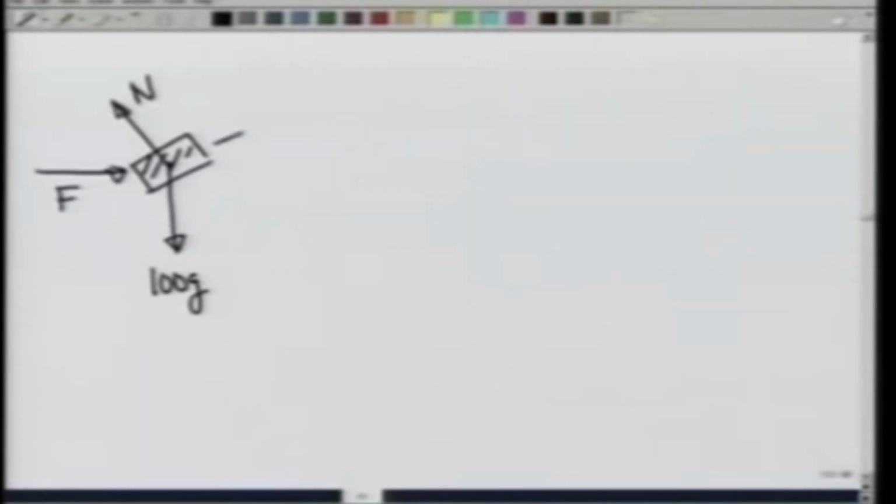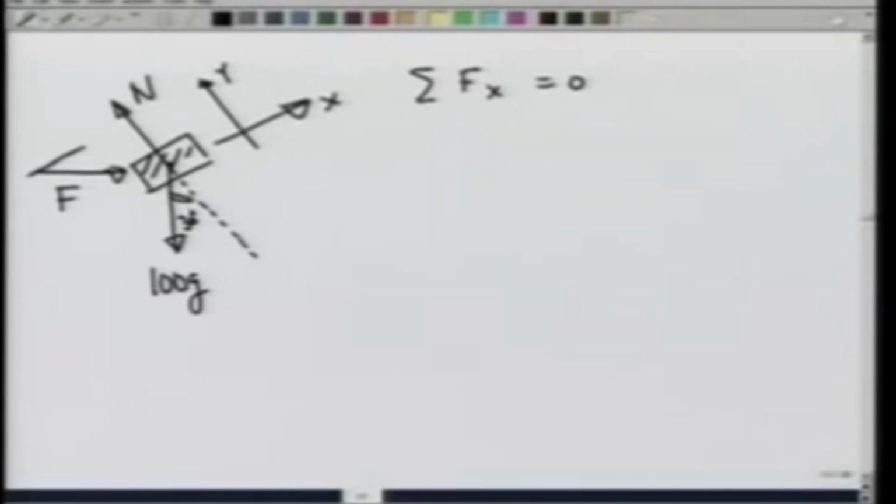What I have is this block, 100 g pulling it down, N acting this way and F in this way. Let me take this to be the x axis and this to be the y axis.